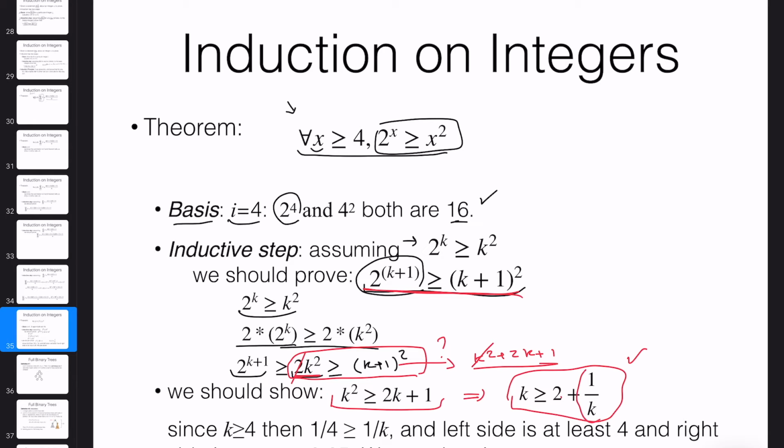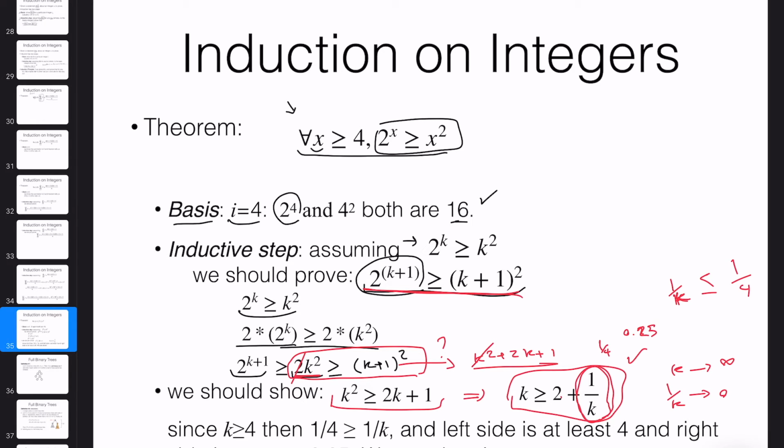So 1 over k is always less than or equal to 1 over 4, right? Because when k goes to infinity, 1 over k approaches 0, right? So the largest value for 1 over k is going to be 1 over 4, or 0.25.